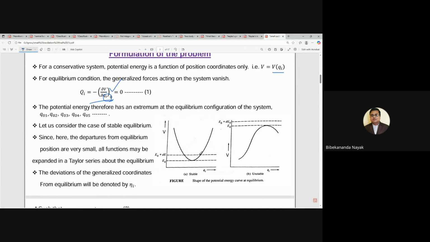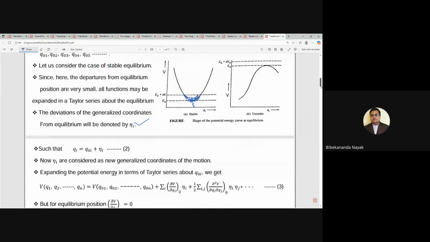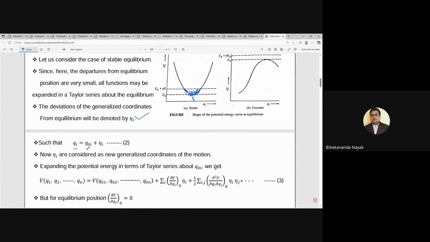When it is in stable equilibrium and slightly disturbed, it executes simple harmonic motion; if unstable and slightly disturbed, it falls down. So at equilibrium Q0, whatever change we add through a parameter eta. Qi is equal to Q0i, the equilibrium of each particle, plus eta i.